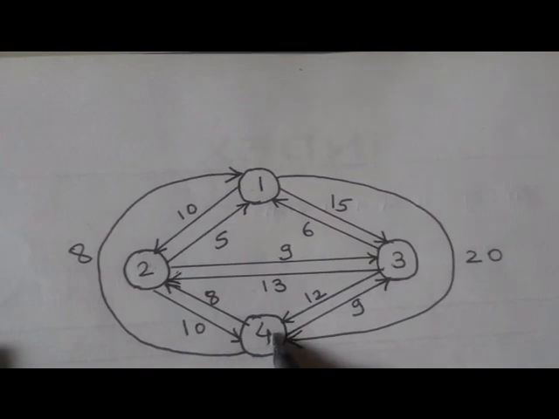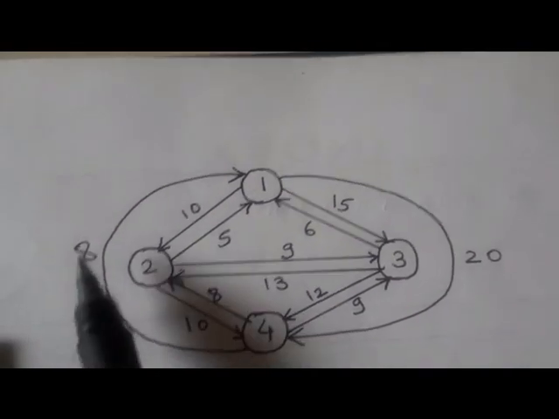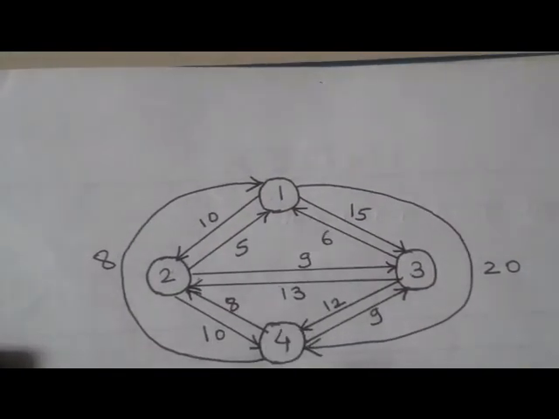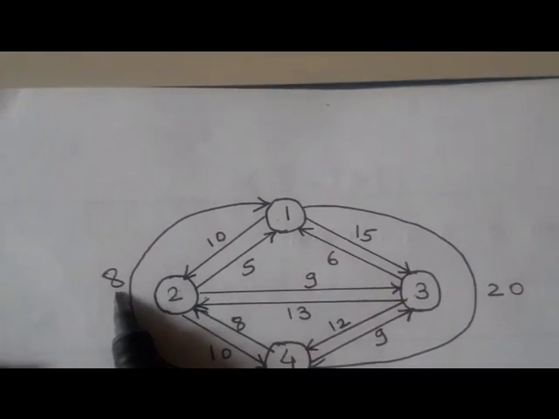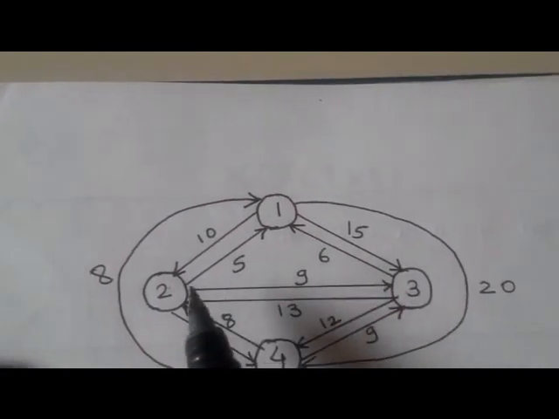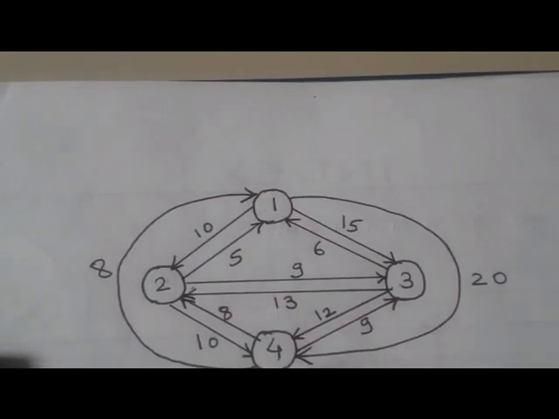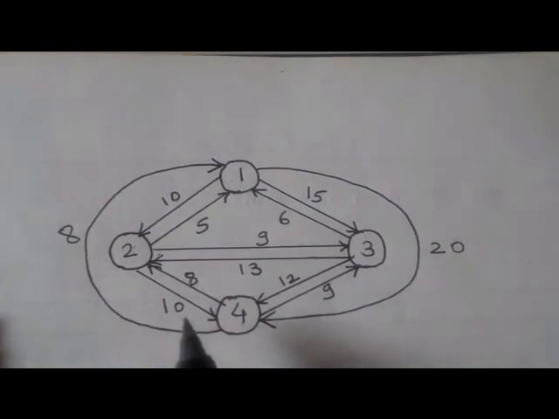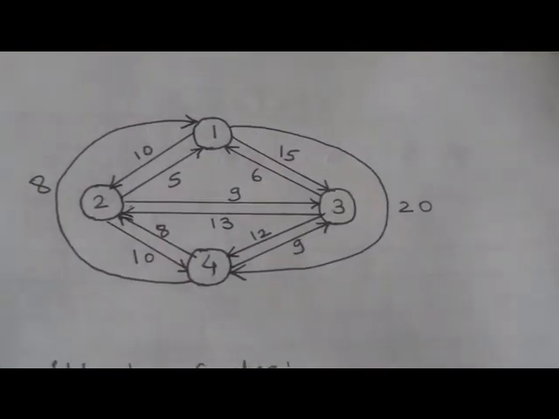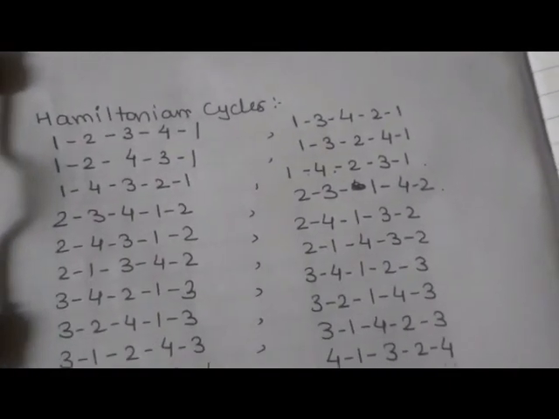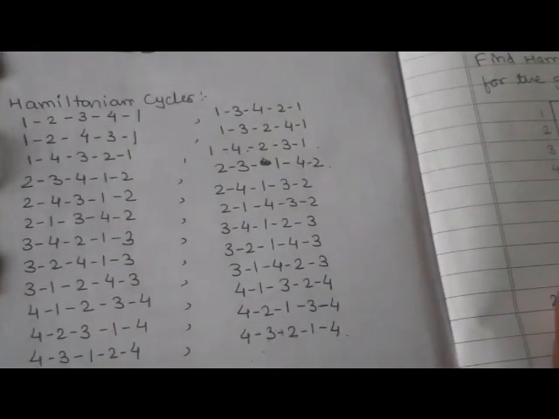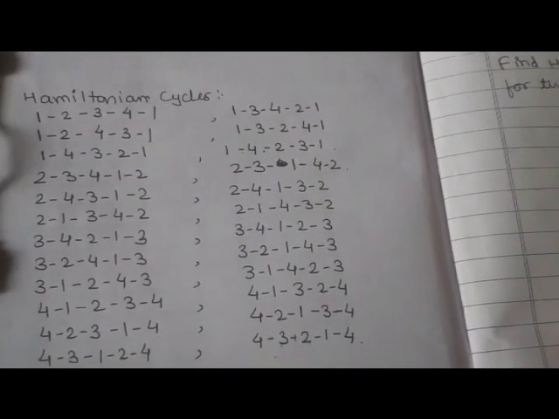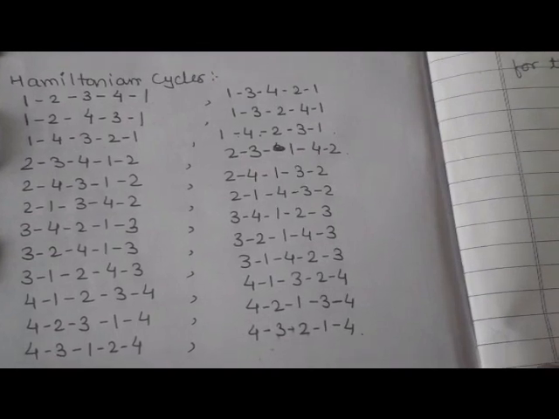After 4, we visit vertex 1 using edge 8. And after that, we visit vertex 2. In this way, we have completed this path. In this way, we have a total of 24 Hamiltonian cycles that we can see here. From that, we will see one more.